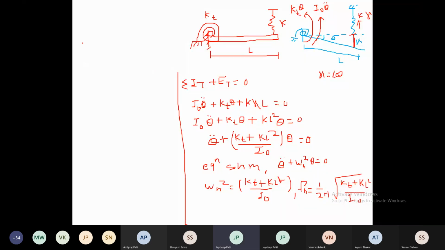Kinetic energy, what will come here? Anyone tell me kinetic energy of rod? Kinetic energy of rod is equal to 1 upon 2 IO theta dot square.